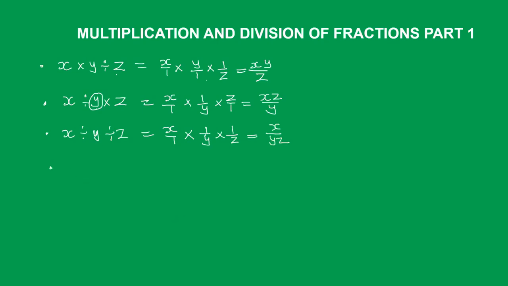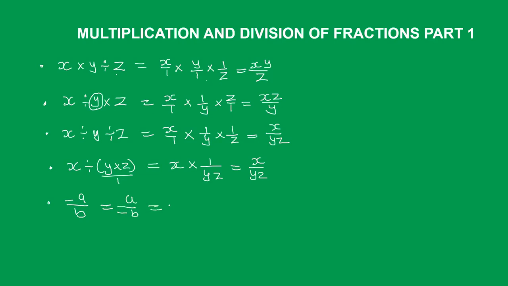And then if you have x divided by y times z, this is just the same thing as x times, then you tip it, 1 over yz, which is equal to x over yz.